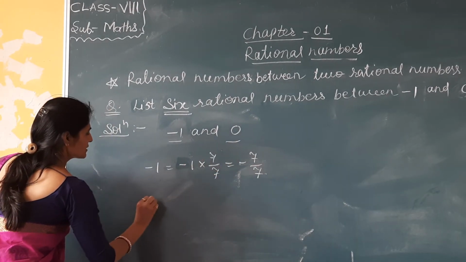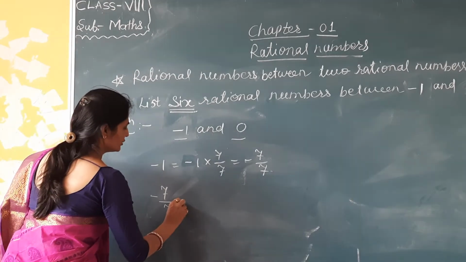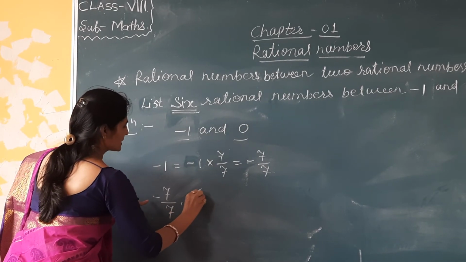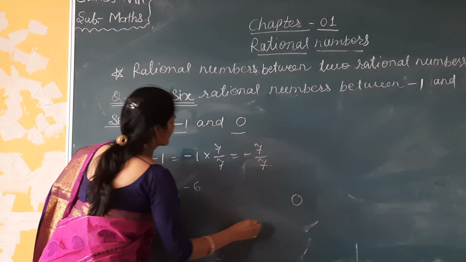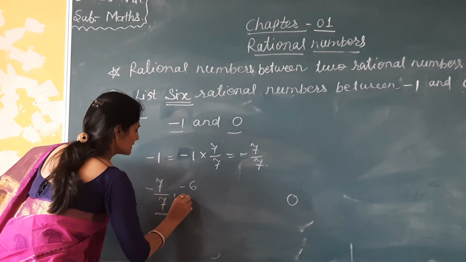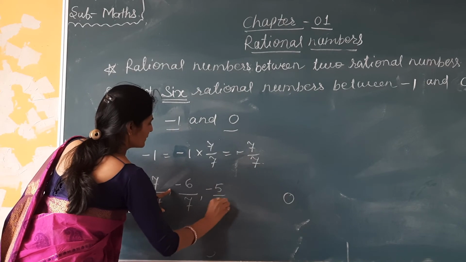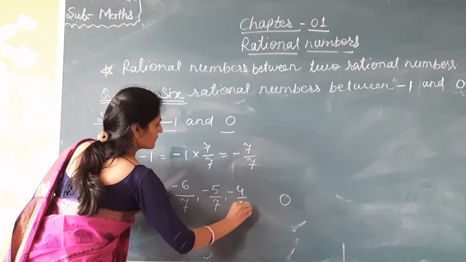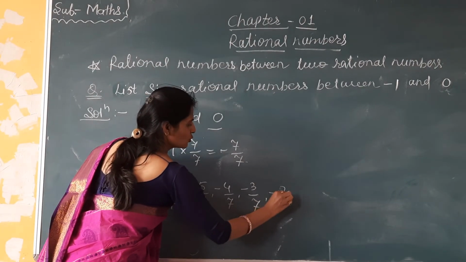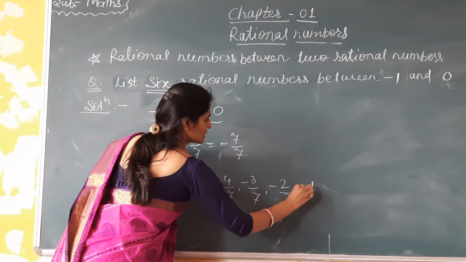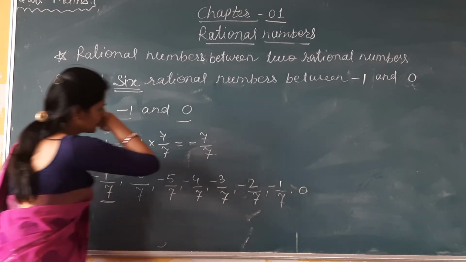So first rational number is minus 7 upon 7, and in between minus 7 upon 7 and 0 you can plot 6 rational numbers like this: minus 6 upon 7, minus 5 upon 7, minus 4 upon 7, minus 3 upon 7, minus 2 upon 7, minus 1 upon 7 and 0.